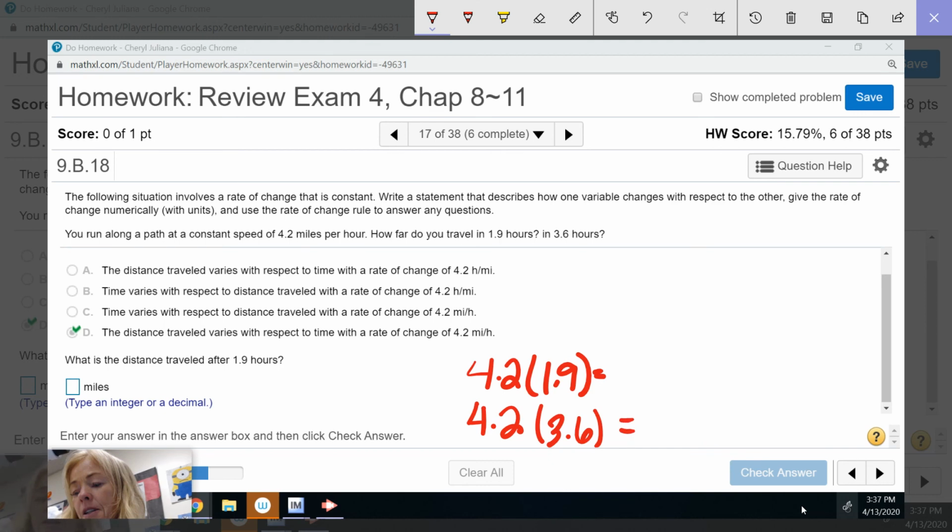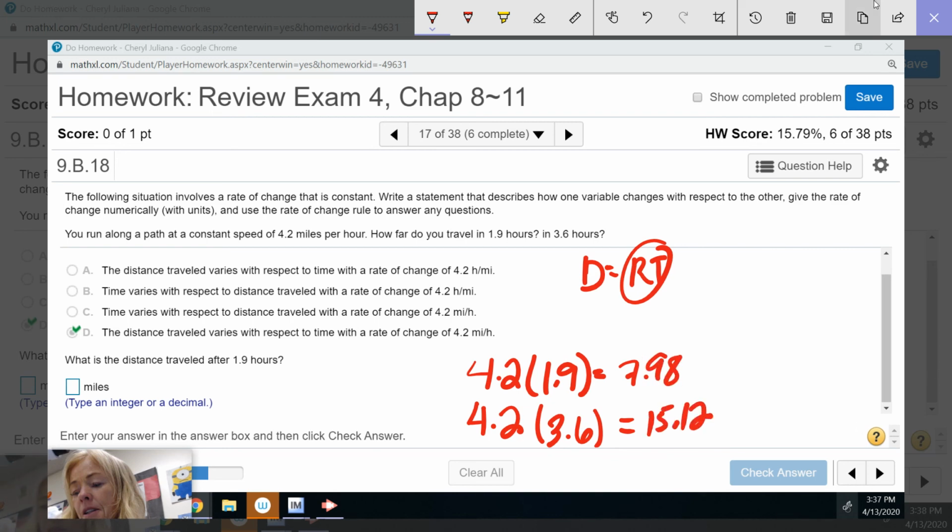Remember our formula: distance equals rate times time, and that's why we multiply rate times time together to get the distance in miles. So 4.2 times 1.9 and 4.2 times 3.6, and we have 7.98 and 15.12.